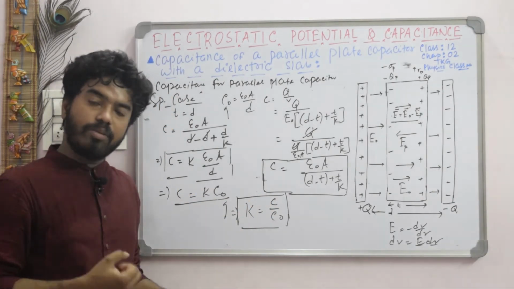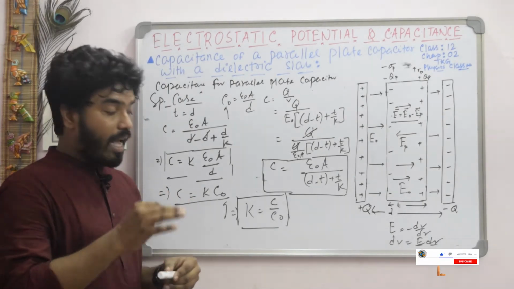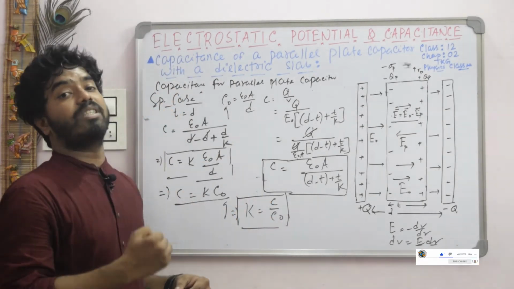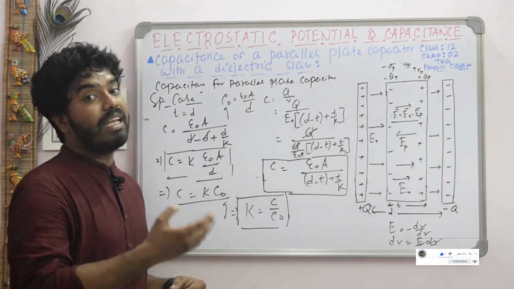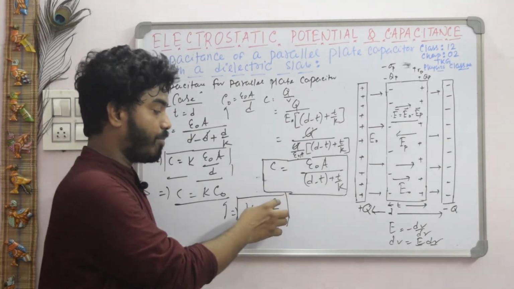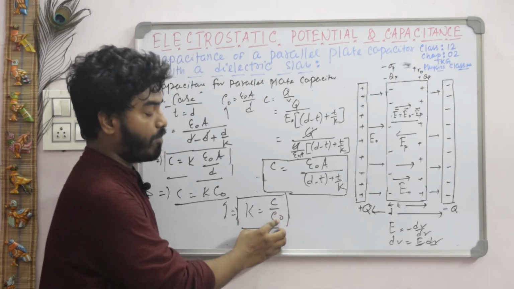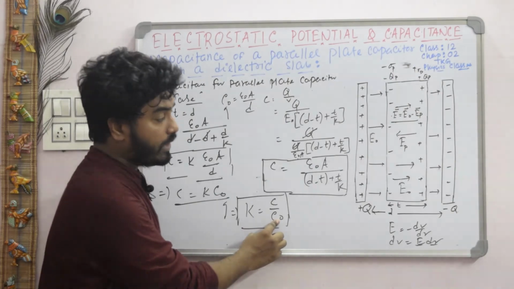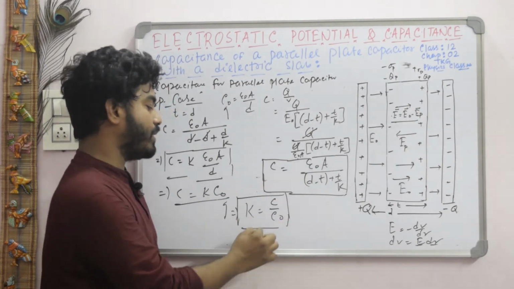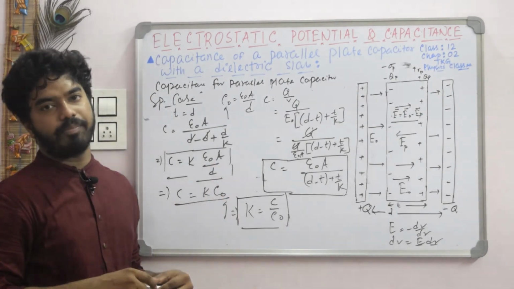C is the capacitance of a parallel plate capacitor with a dielectric slab between the plates, and C naught is the capacitance with vacuum between the plates. So this ratio, the capacitance of a parallel plate capacitor with a dielectric slab divided by the capacitance with vacuum, is defined as dielectric constant K.